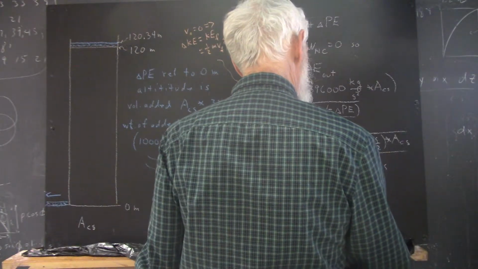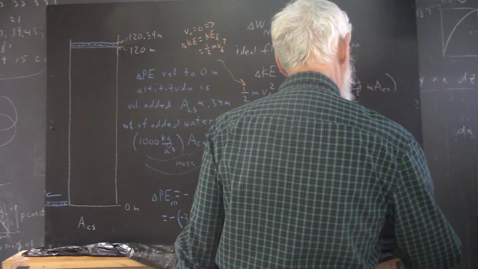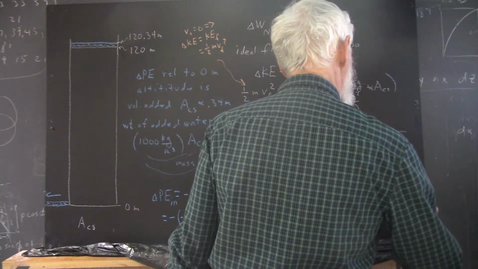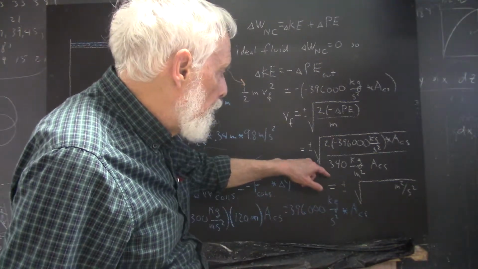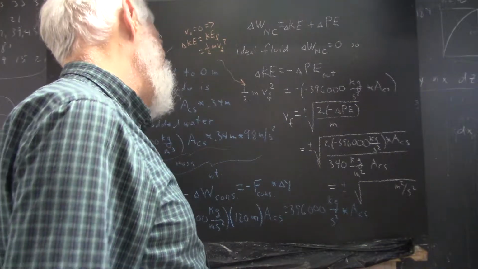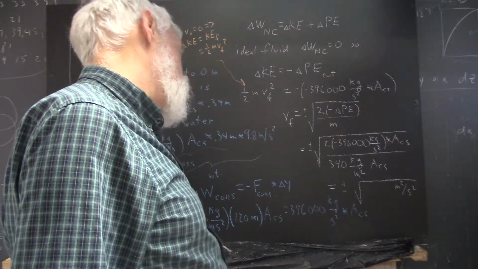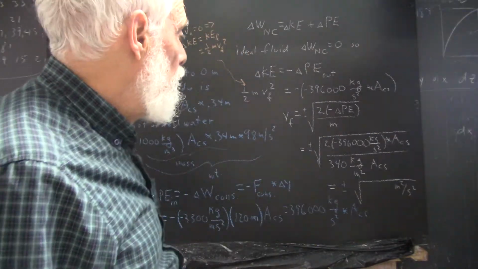And that ends up being something like, okay, units of meters squared per second squared. 340 goes into 396 about 11.7 times, something like this.